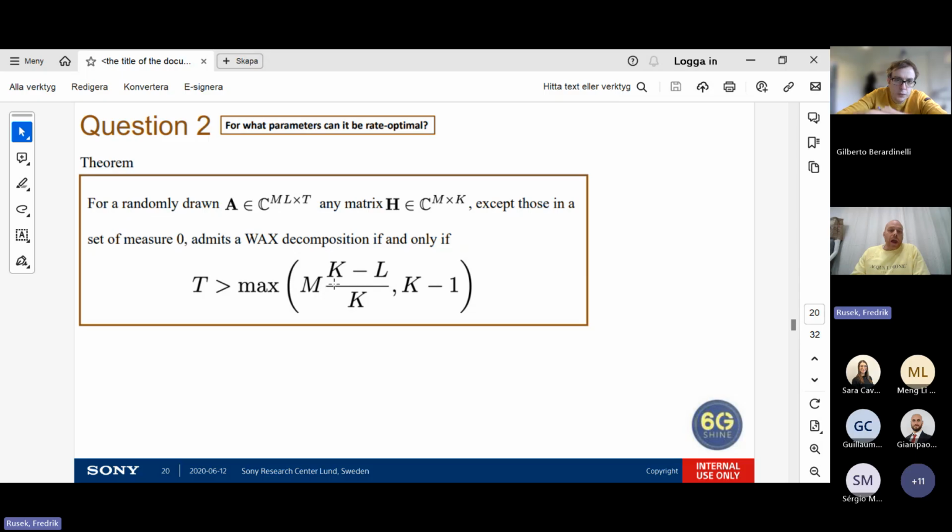So if you have 100 antennas M and you have 10 UEs K, and instead of having 100 inputs, I want only 40, then you can calculate the number L, which represents the number of outputs per antenna. And then you can pick any A. You can just randomly generate an A and it will work. You can always find this W matrix and the X matrix at the CPU so that you have lossless reception.